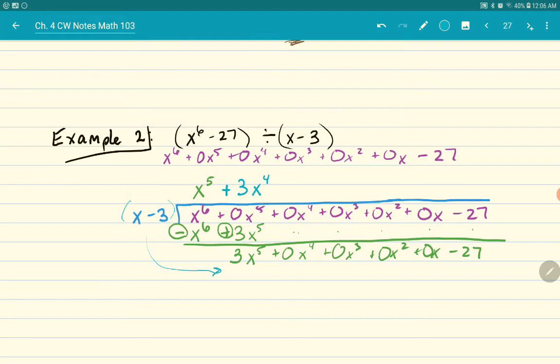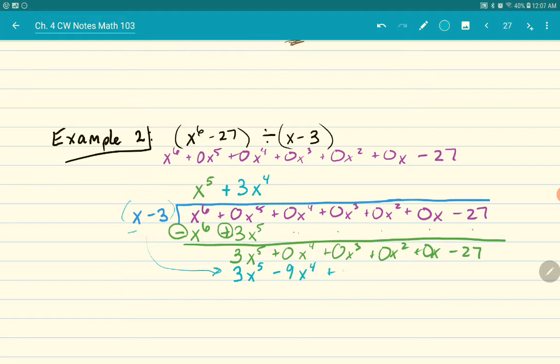And I want to make sure I line up my terms, my common, what's the word? Like terms. So 3x to the 4th times x gives me 3x to the 5th. And then 3x to the 4th times negative 3 gives me a negative 9x to the 4th. So that's going to go right here.